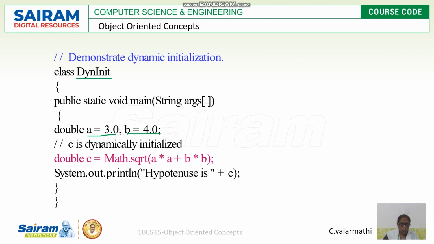Then double c = Math.sqrt(a * a + b * b). Here we are initializing the value of c at runtime. This concept is called dynamic initialization.